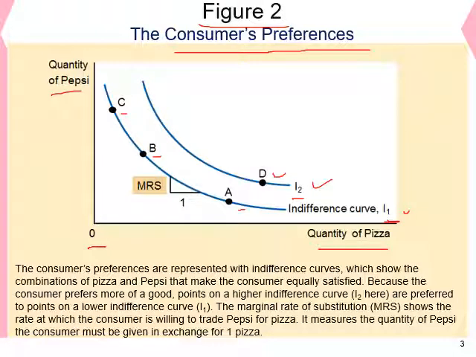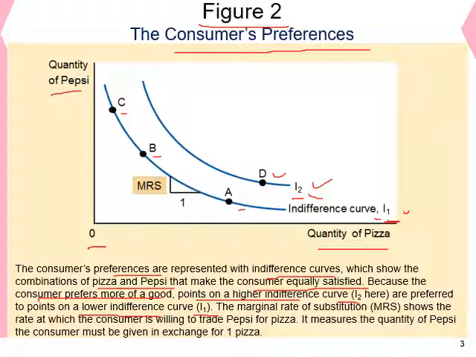So you can see that here the consumer preferences are represented with indifference curves, which show the combinations of pizza and Pepsi that make the consumer equally satisfied or equally happy, because the consumer prefers more. Points on a higher indifference curve like I2 are preferred to points on a lower indifference curve like I1.